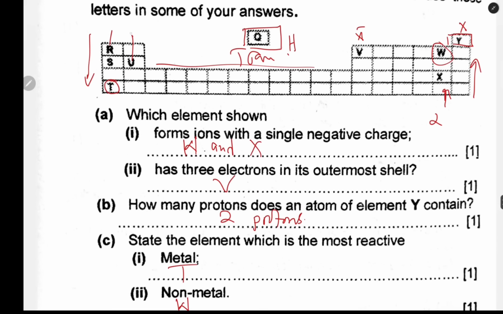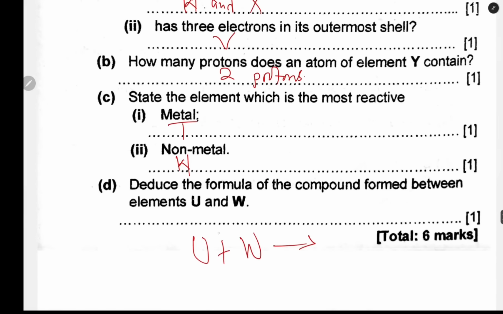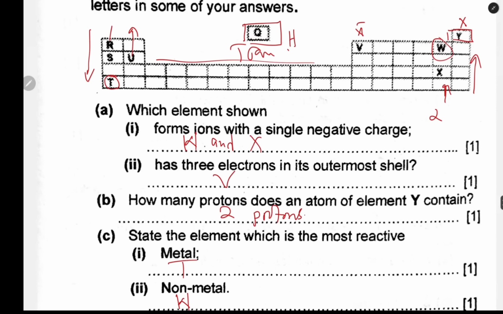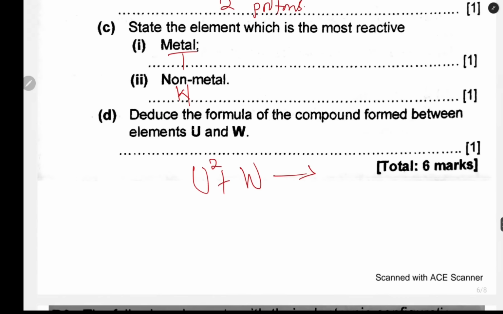U is a metal that is in group 2, so it has a valence of 2. Then W is a non-metal that is in group 7. What did we say? 8 minus 7, valence of 1. Now, if we are to cross, we are going to have UW2. So this is the formula of the compound.